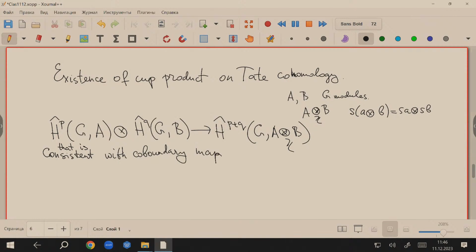So that means that, assume you have an exact sequence such that if you tensor it by B, it is also exact.